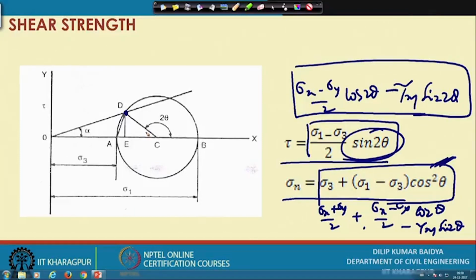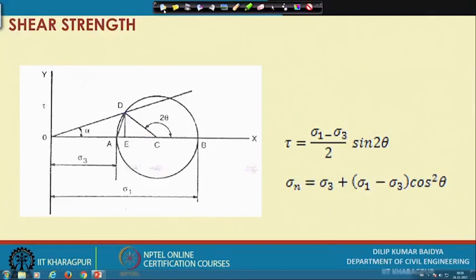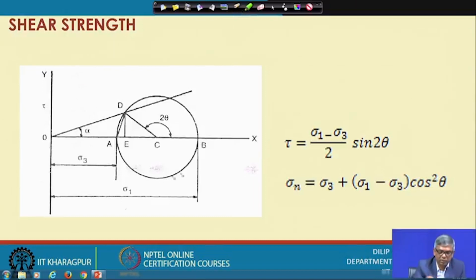That is the thing we have already learned. The same thing I will now apply to the soil. These are the initial expressions, and other important things are shown here. If I draw a Mohr circle here, this is the major principal stress sigma 1, this is the minor principal stress, and if I take a point D, that is a plane.